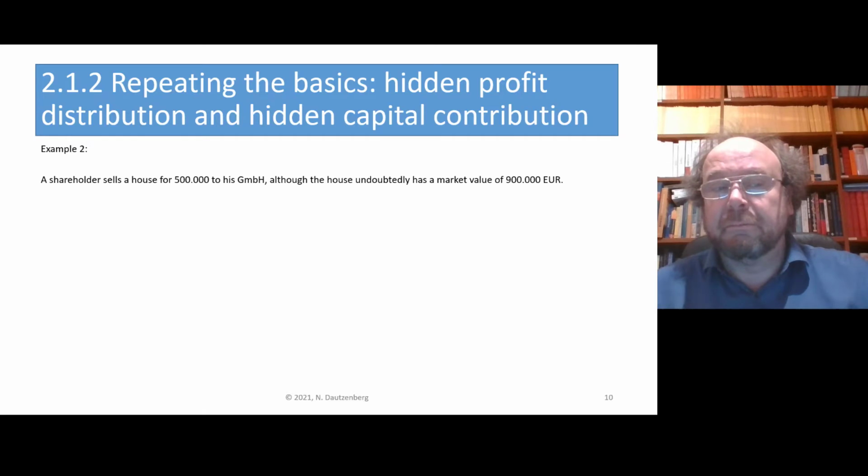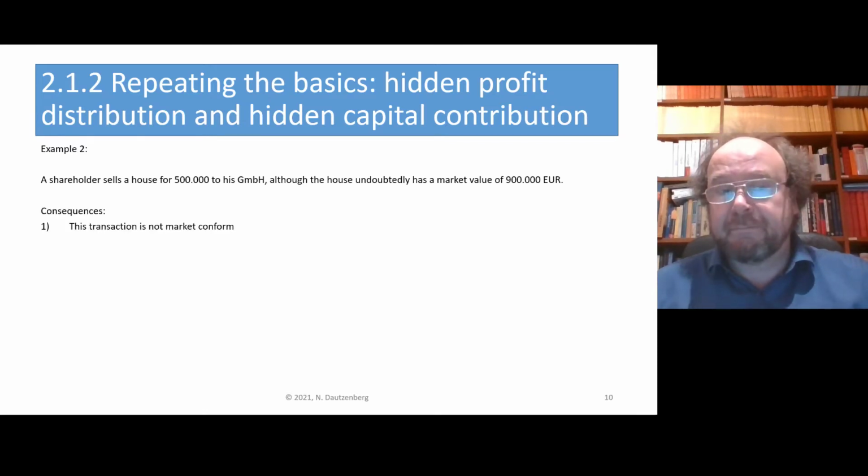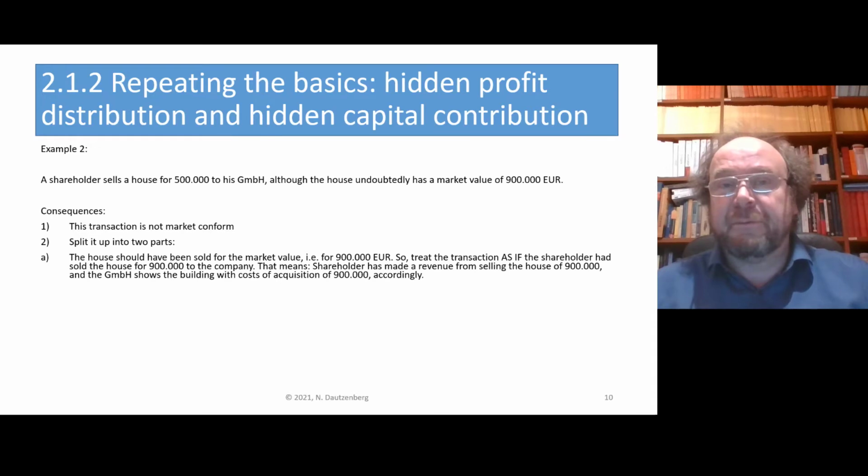Example number 2. A shareholder now sells a house for 500,000 to his GmbH, and that house has a market value of 900,000. So again, a house, but everything different. Now the shareholder sells the house to the GmbH for too low a price. Consequence, the transaction is evidently not market conform. Now we have to do as if the house had been sold for the market price in our imagination.